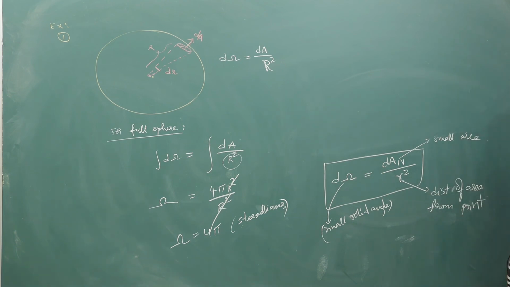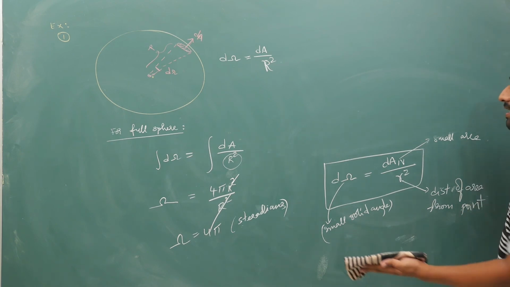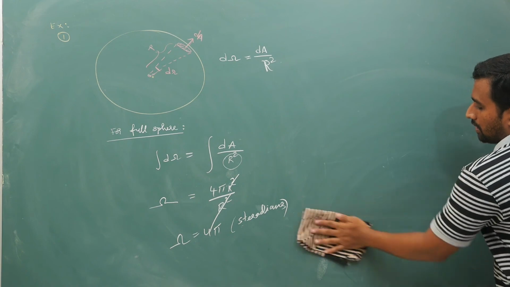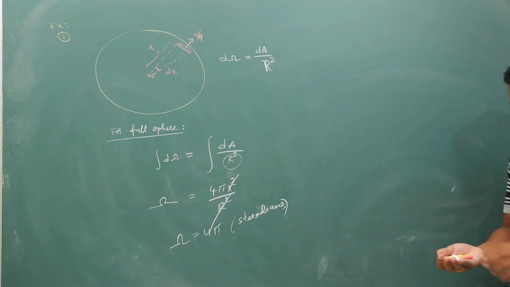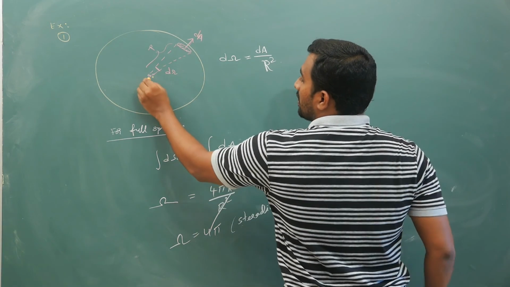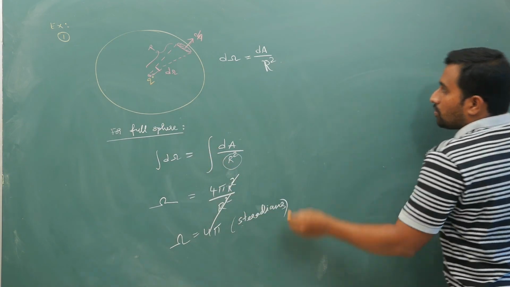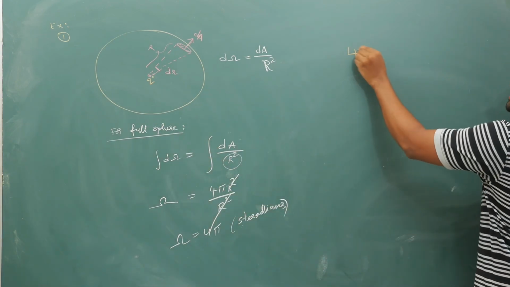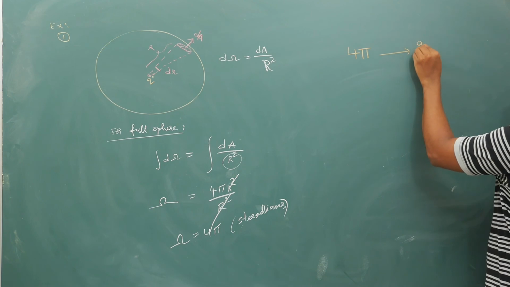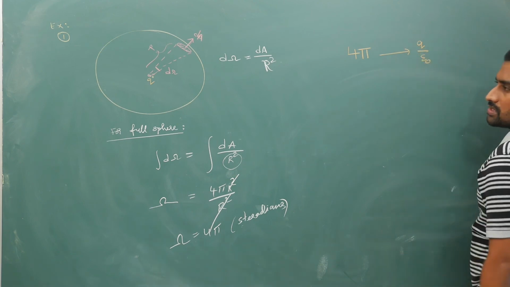So a flux of q by epsilon naught: if I place some small charge q at the center, then through 4 pi steradians solid angle, q by epsilon naught goes across.